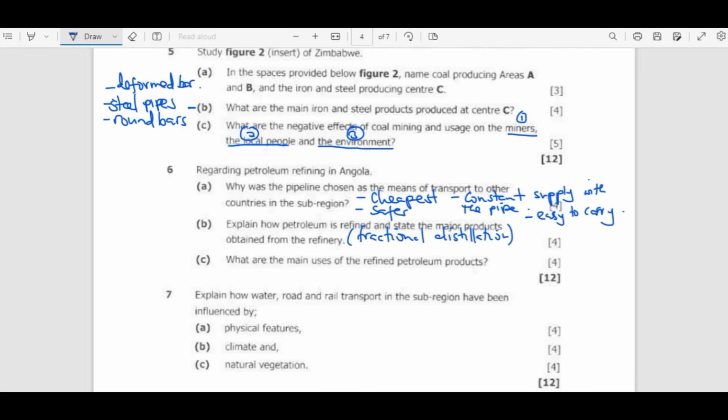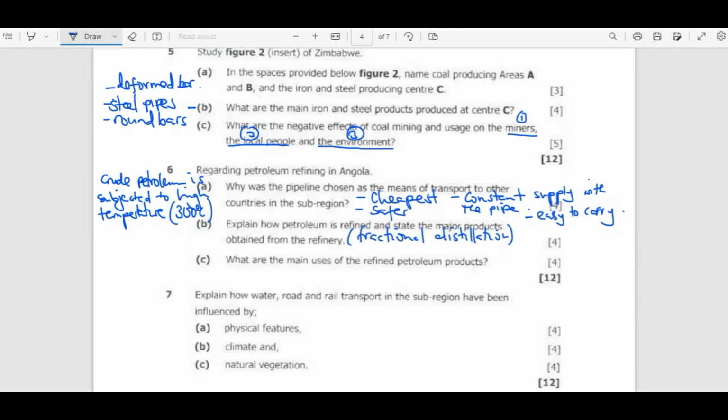And then apart from that, we can use this space. So crude oil, crude petroleum, is subjected to high temperature, about 300 degrees Celsius.